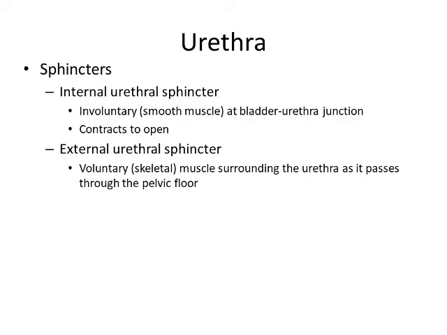Both remain closed in normal condition. When we decide to urinate, we voluntarily relax the external urethral sphincter. So this one gets open. When we do that, relax this muscle, signal goes to the spinal cord. And the spinal cord sends a signal to the inner one, internal sphincter, because you cannot control this.